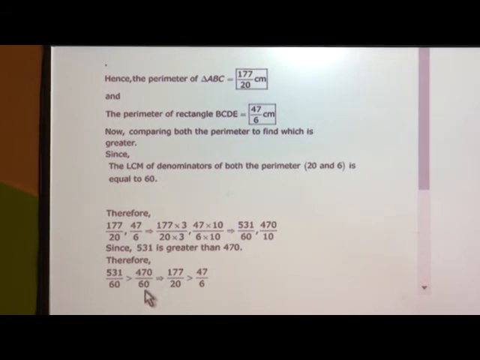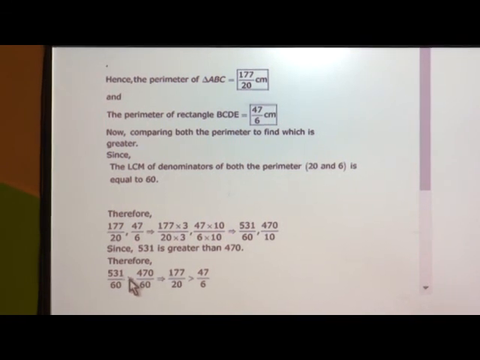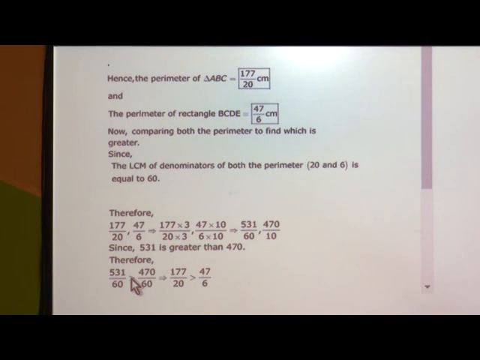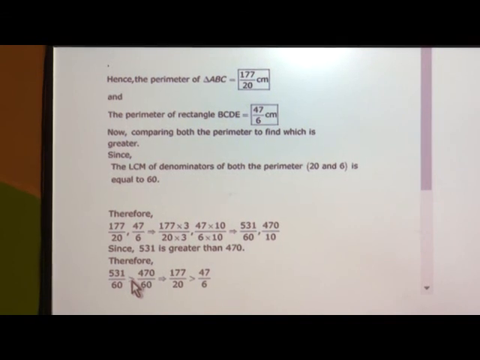Because we have the same denominator, you could compare, but I have to compare the perimeter of a triangle and the perimeter of a rectangle. So what does this 531 upon 60 denote? It is 177 upon 20. So this is greater than 47 upon 6.